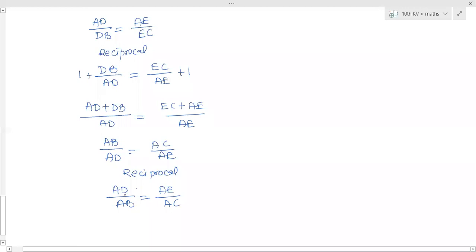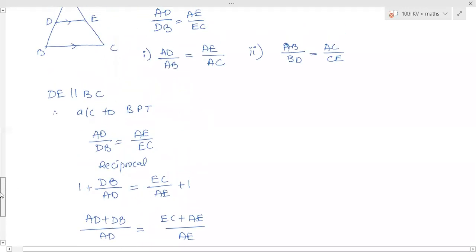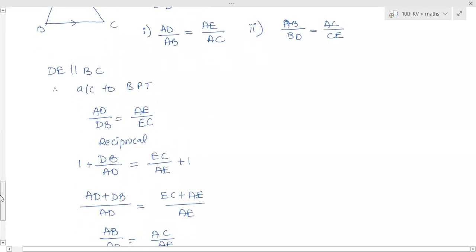Is that clear? Yes, Mom. Why have we taken the reciprocal? If we directly add 1 without taking the reciprocal, what will we get in the denominator? DB and EC.